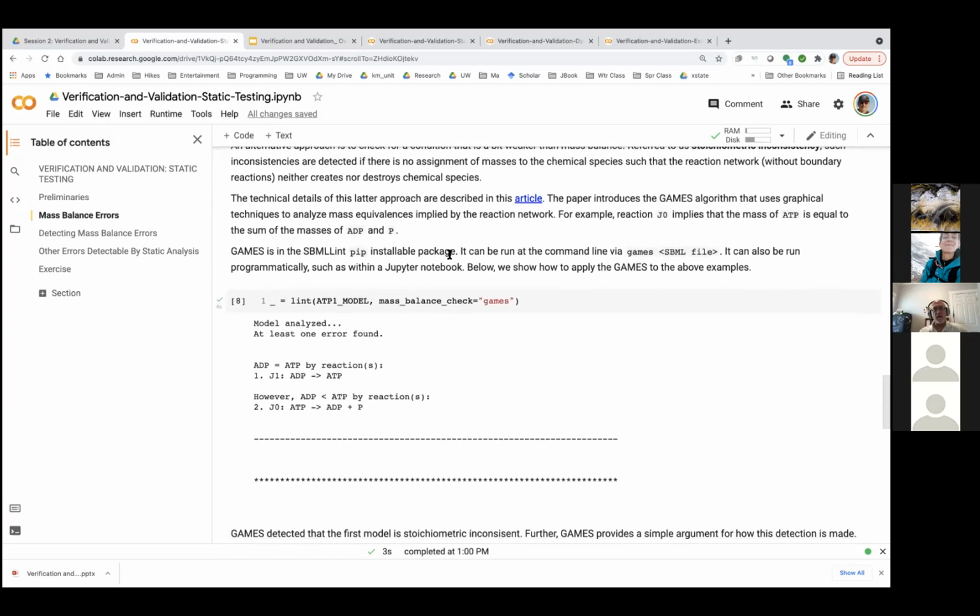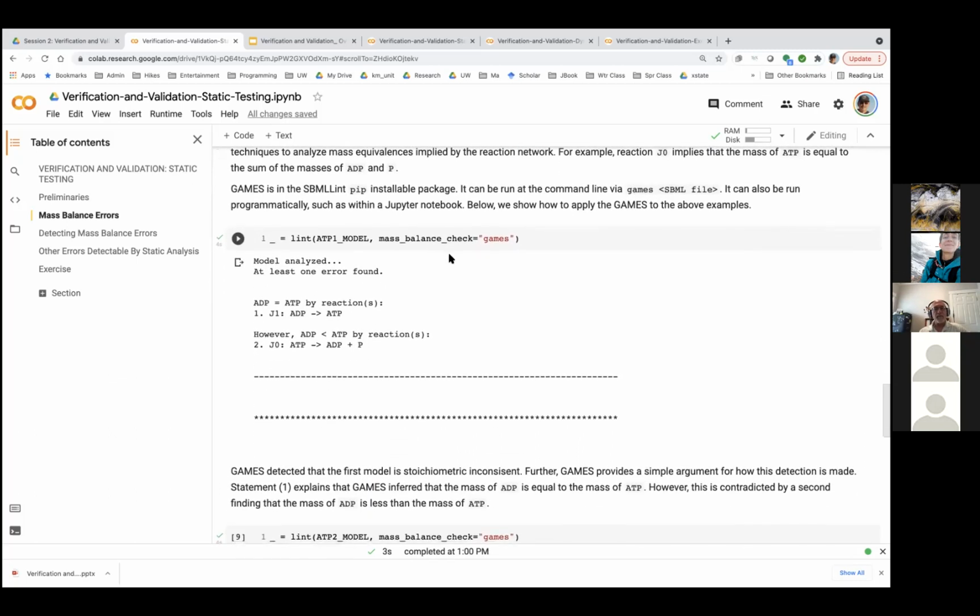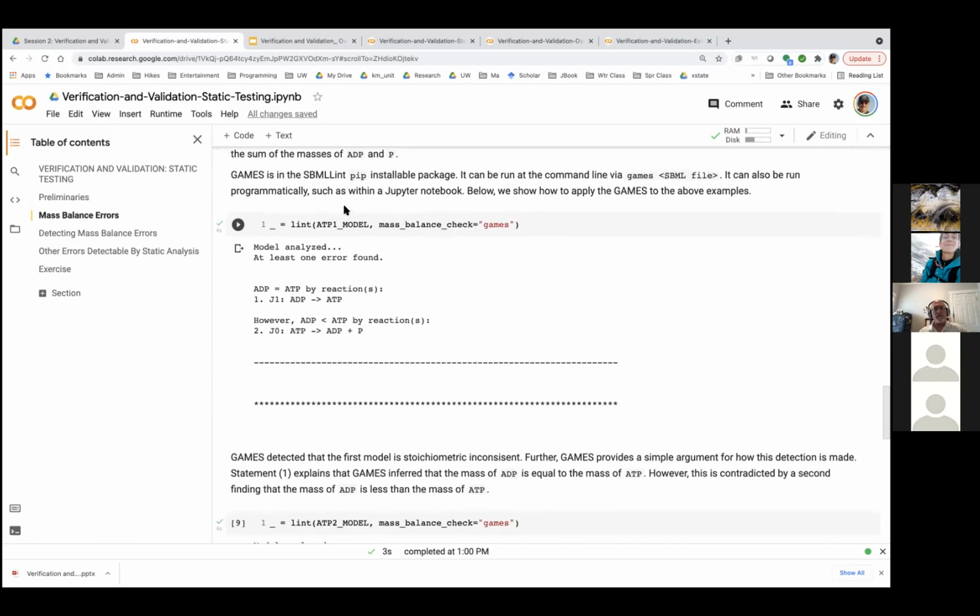This should work just fine. There are 3 models up there. The first one, ATP_1, or ATP1, is the one that's incorrect. That's where the phosphate is used inconsistently.